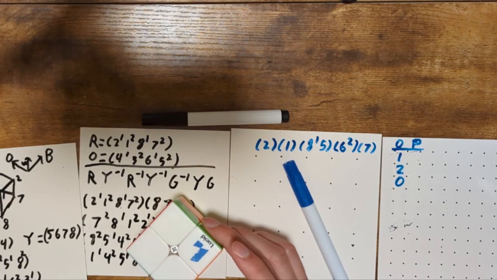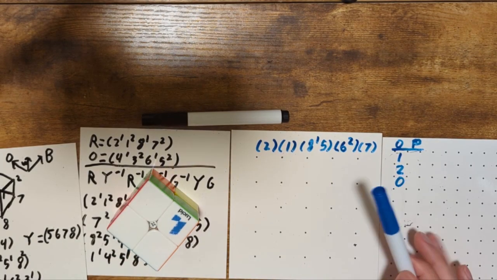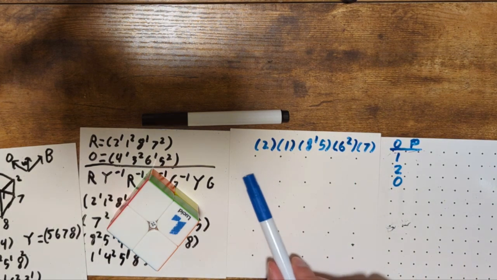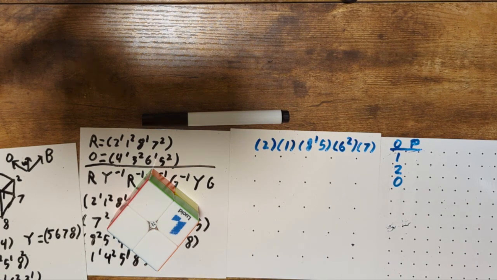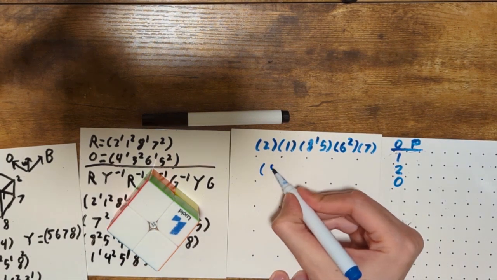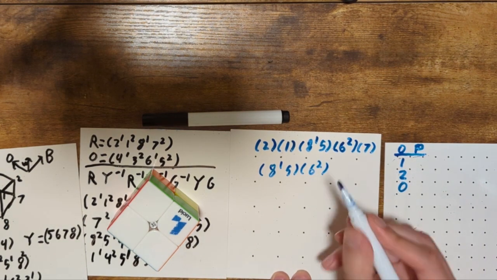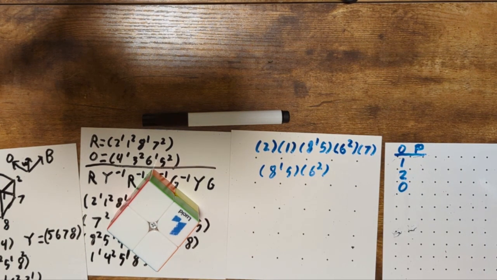Another cool thing about this move is it shows us a cycle in what we're doing. So let's just focus on 8, 1, 5, 6, 2. So we can see if we do that move, this is what happens.